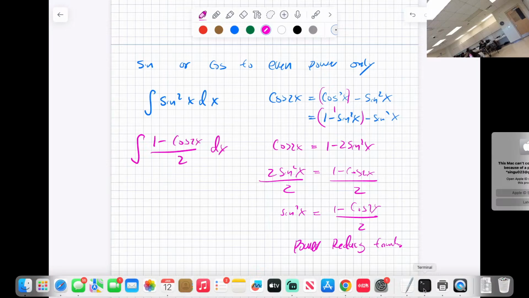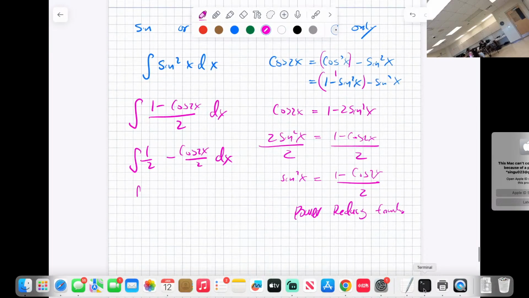Now, since the bottom is one term, you can split them, and that becomes two separate integrals. For the one on the right-hand side, u equals 2x, du equals 2 dx, du over 2 equals dx.